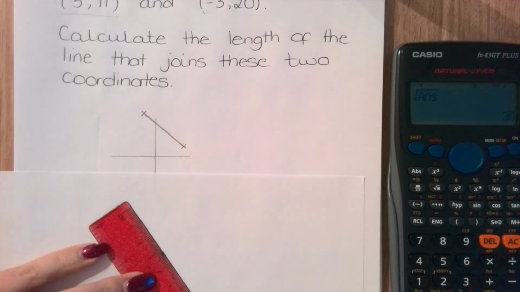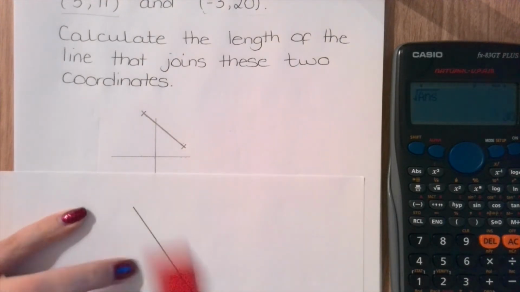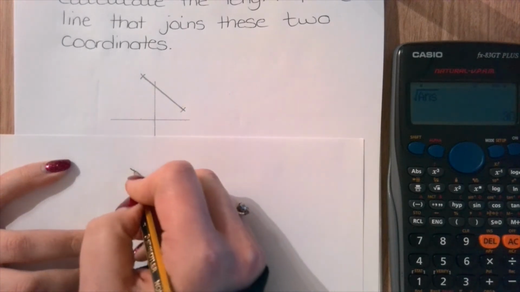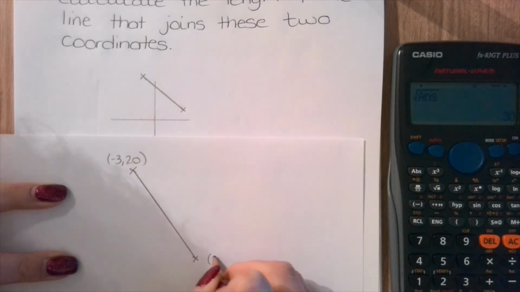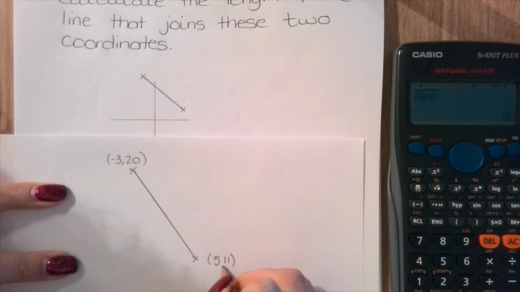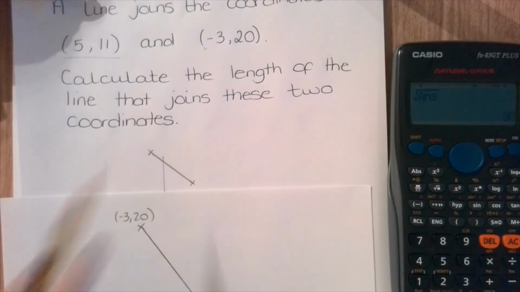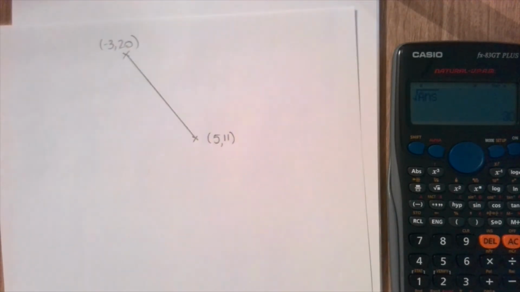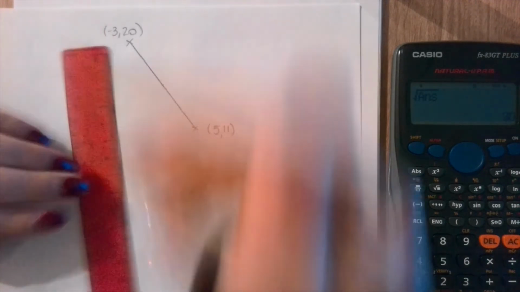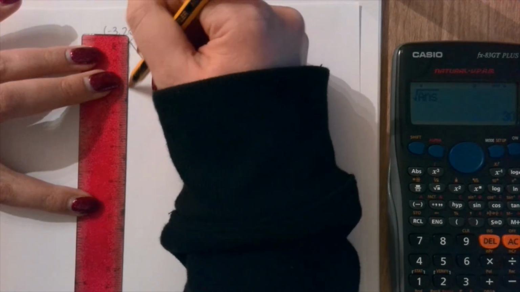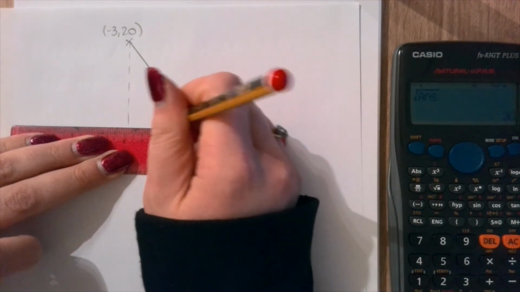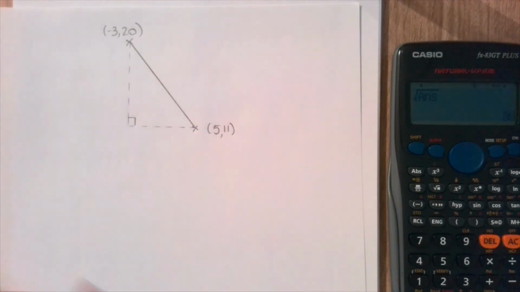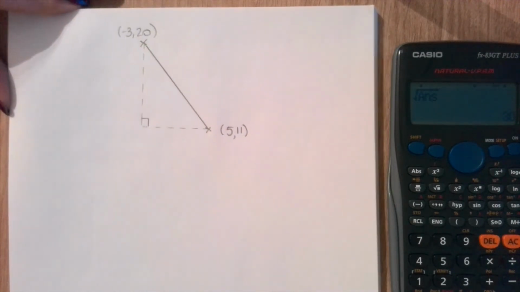So I hope that you're happy that I can draw a diagonal line like that and say that is the point minus 3, 20, and that is the point 5, 11 from what we just looked at above here. I can now make this into a right angled triangle, because eventually if I was to draw a line going down here and then a line going across here, they are going to meet at 90 degrees, and I hope that that makes sense and you can see that.